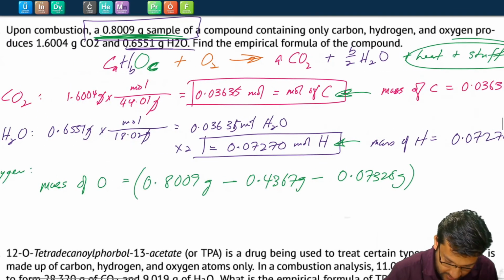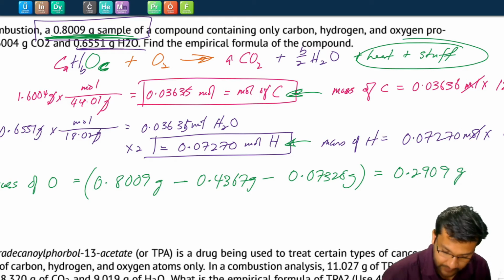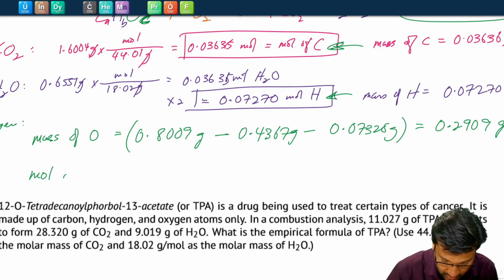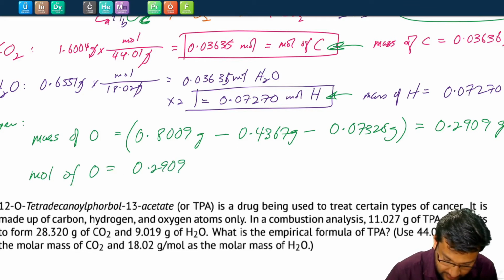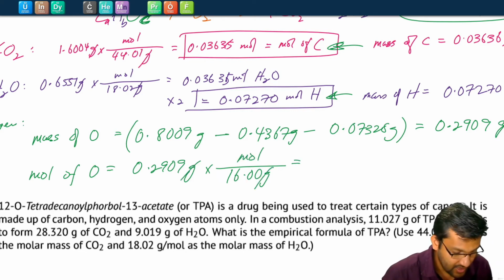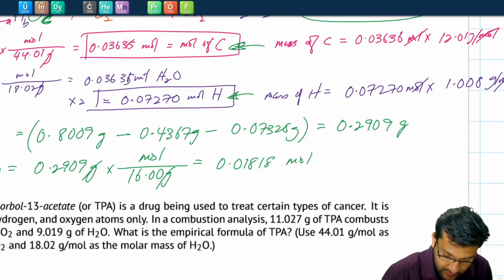And so all of this gives us a mass of oxygen of 0.2909 grams. Now that we have the mass of oxygen, we can figure out the moles of oxygen using the mass, 0.2909 grams divided by the molar mass of oxygen, 16.00 grams per mole, which gives us a number of moles of oxygen of 0.01818 moles of oxygen.